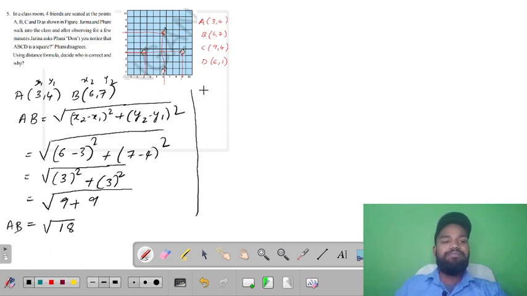Next we are going to find BC. What is the B value? (6, 7).